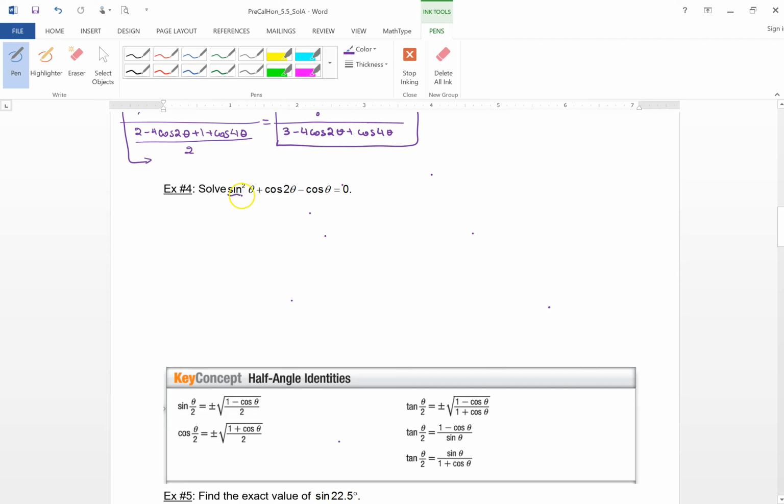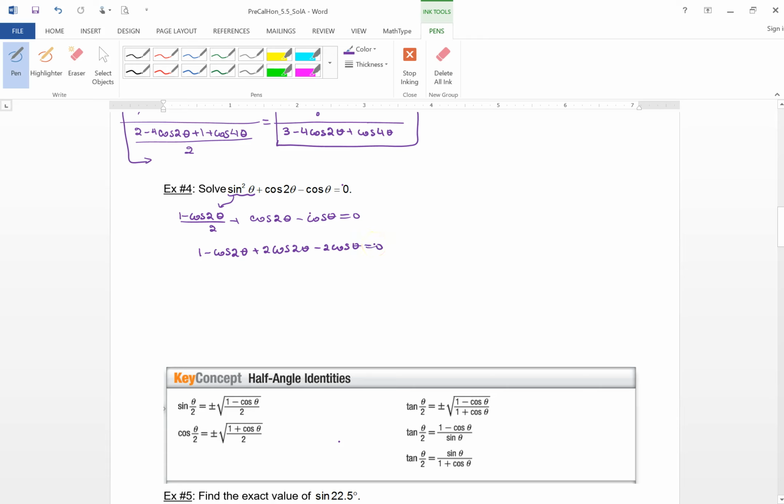So this is equal to 1 minus cosine 2 theta over 2 plus cosine 2 theta minus cosine theta equals 0. And I really don't like that 2 in the denominator, so why don't I just multiply everything by 2 and it'll automatically go away. So I will have 1 minus cosine 2 theta plus 2 cosine 2 theta minus 2 cosine theta equals 0.